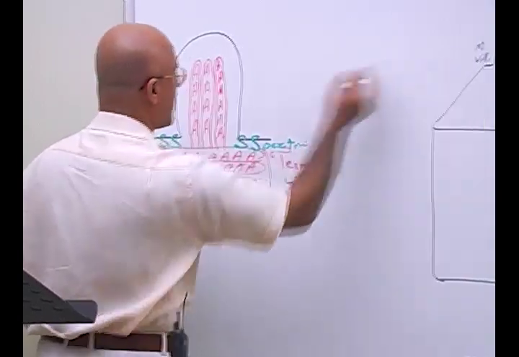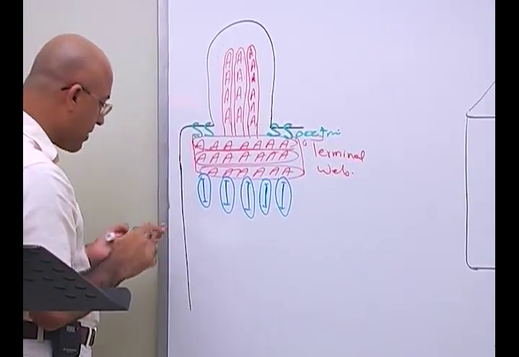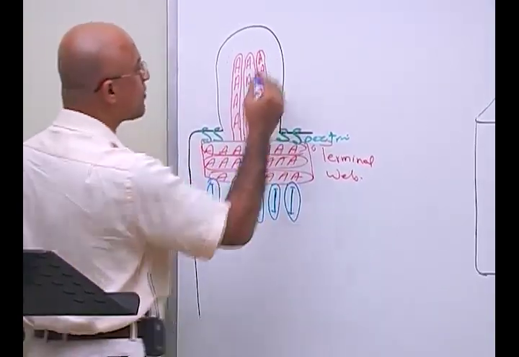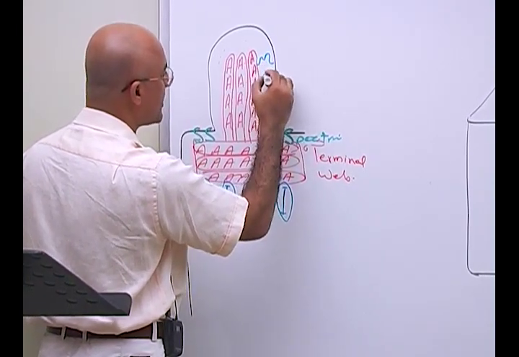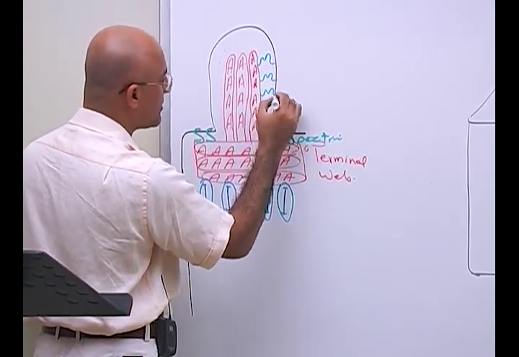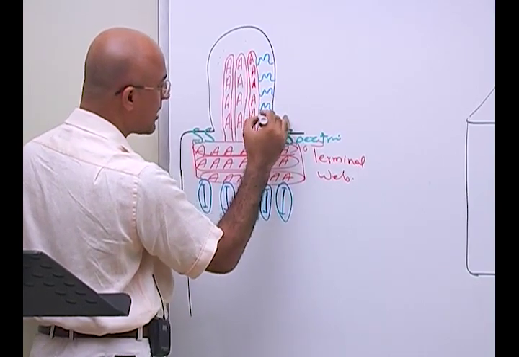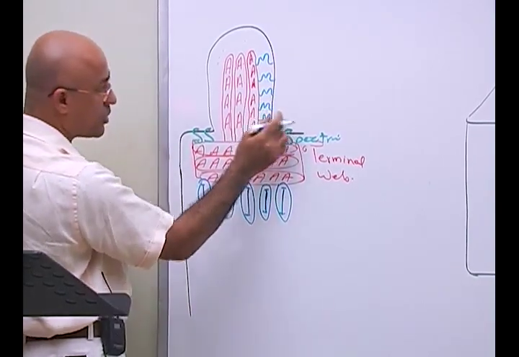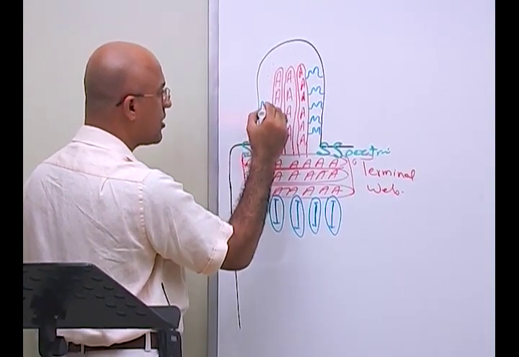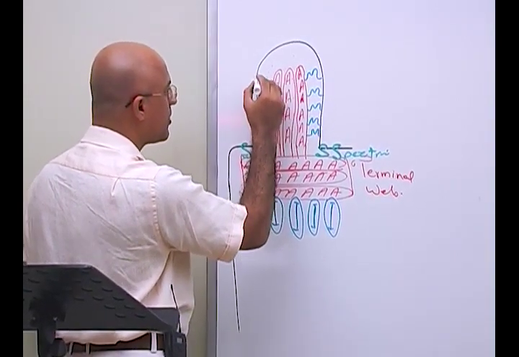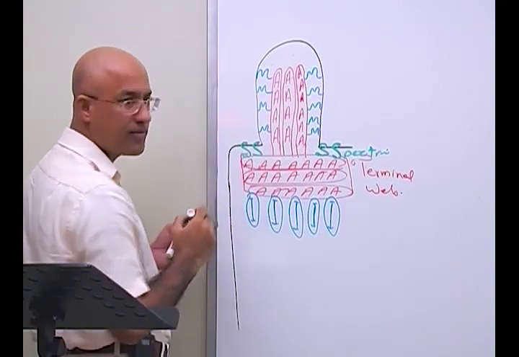This is a microvillus here, right? Now, there are some myosin filaments, and myosin 1 filaments help the actin filaments in the core to attach with the cytoplasmic extension. What is this? Myosin 1 filaments.